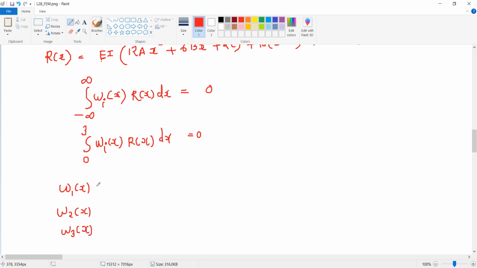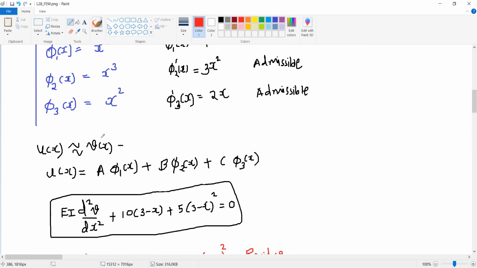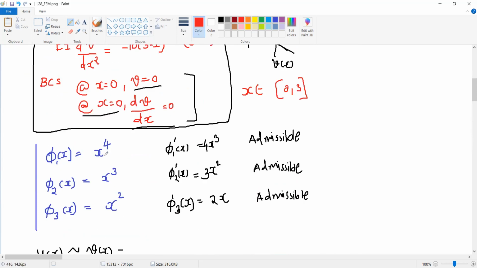Now, the choice of weighing function decides which weighted residual method we are using. For example, if we use direct delta functions as weighing functions, we end up in point collocation method. If we choose step functions, Heaviside step functions as weighing functions, we have seen that we end up in subdomain collocation method. In Galerkin's method, we choose the trial function itself as a weighing function.